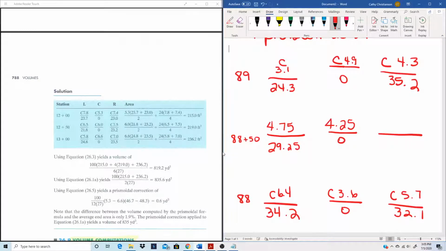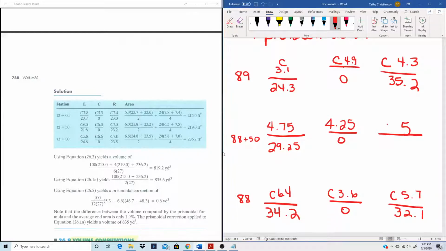And then I'm going to do the right side, 4.3 and 5.7. That's 5.